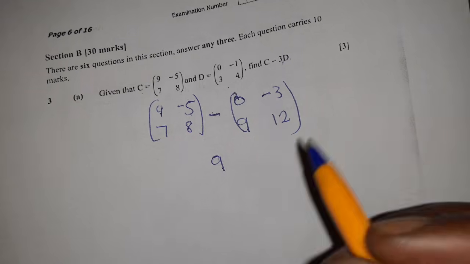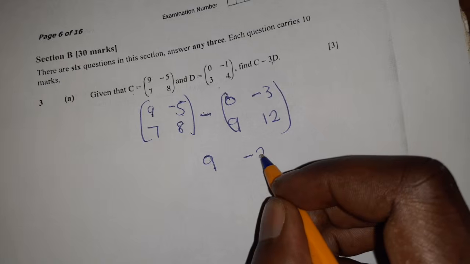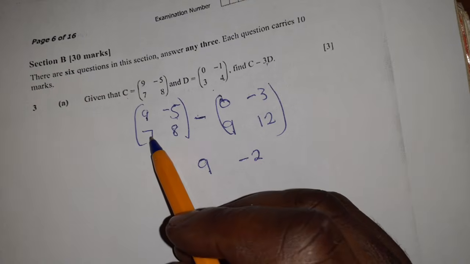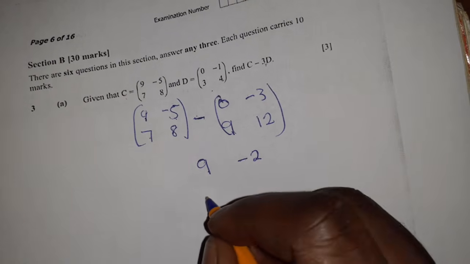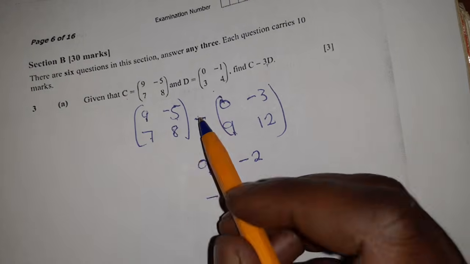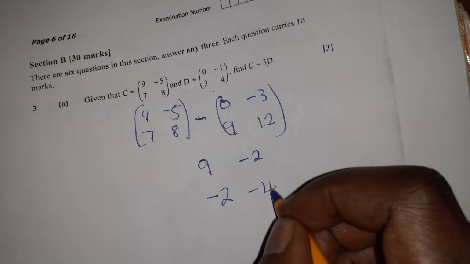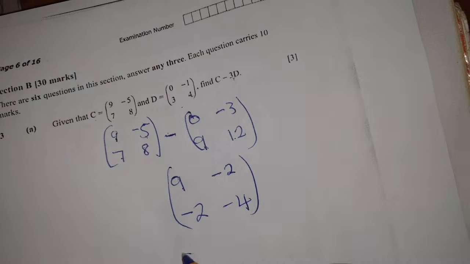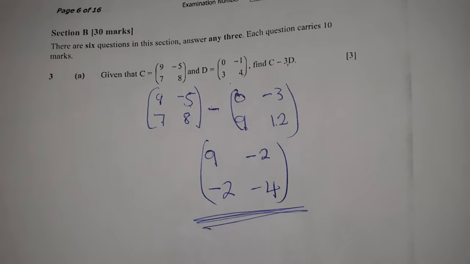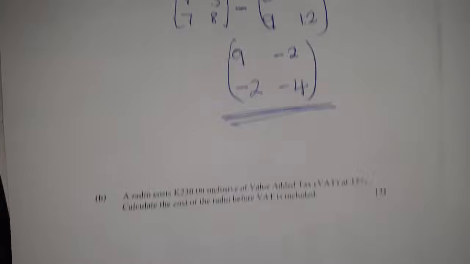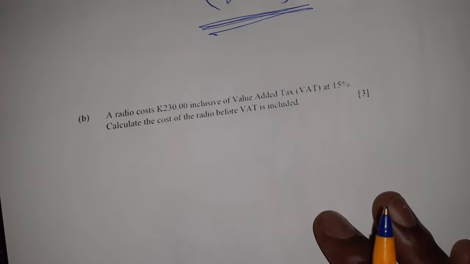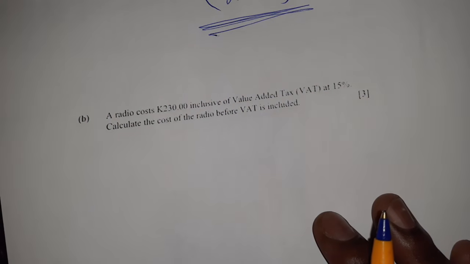So we're going to get negative 2. 7 minus 9, negative 2. 8 minus 12, negative 4. This is what we are going to get.